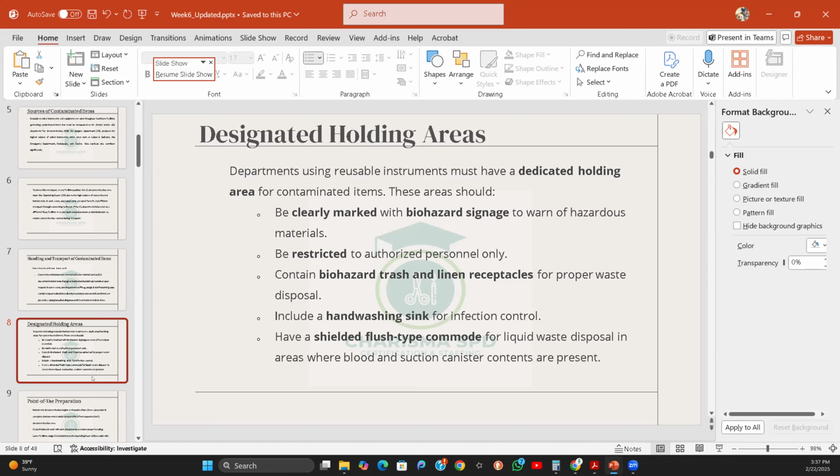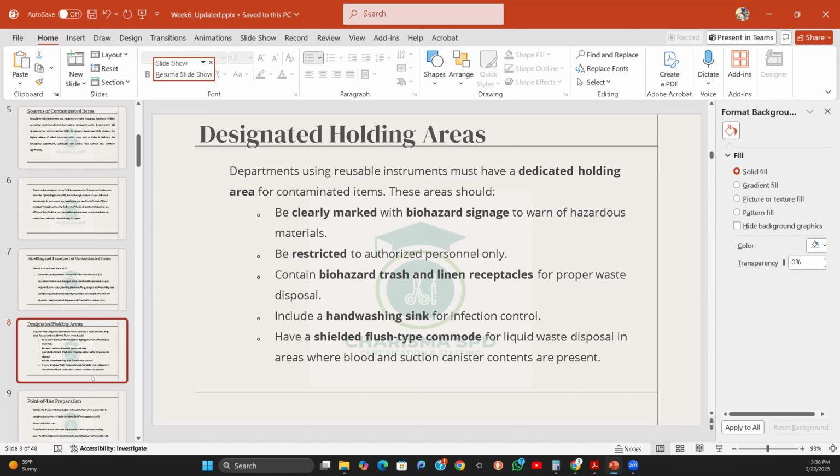That is not to say it is only labor and delivery that has that. All other user units, which become the source of contaminated instruments or instrumentation to CSPD, all have holding units. And these holding units must be marked such that anybody who is a professional in central sterile processing department, once you see the door, you know that this door has holding of dirty instrument.